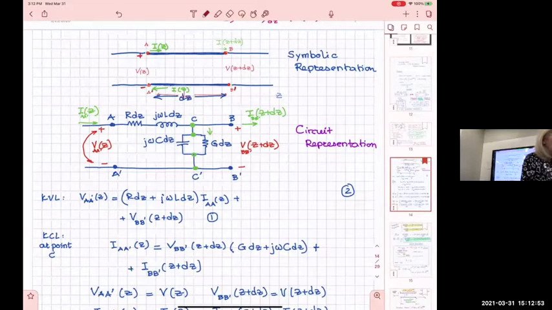And here you see that I have already moved to the phasor domain. So I multiply all the inductances by j omega, all of the capacitances by j omega, even if I know that j omega L is an impedance and j omega C is a conductance.